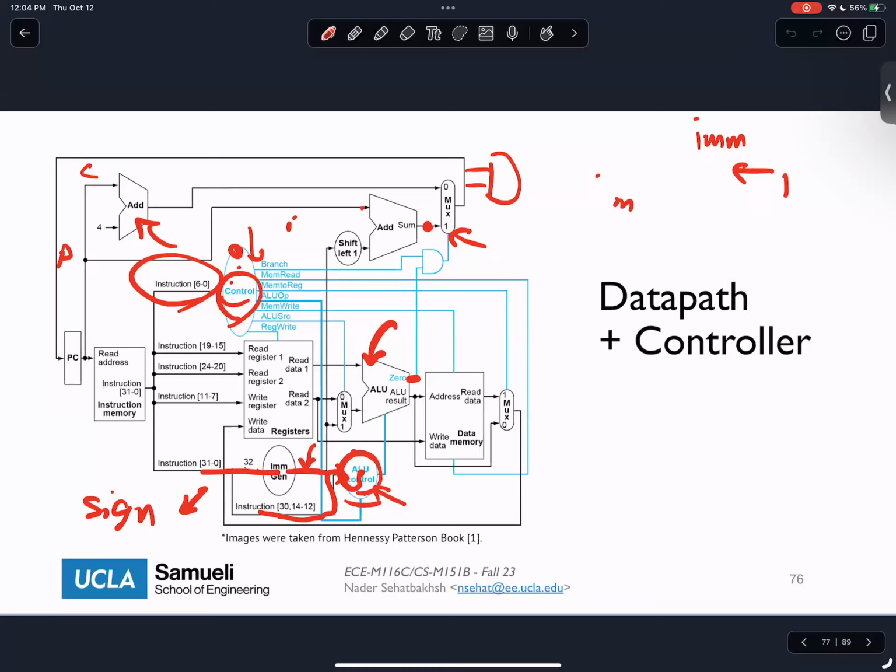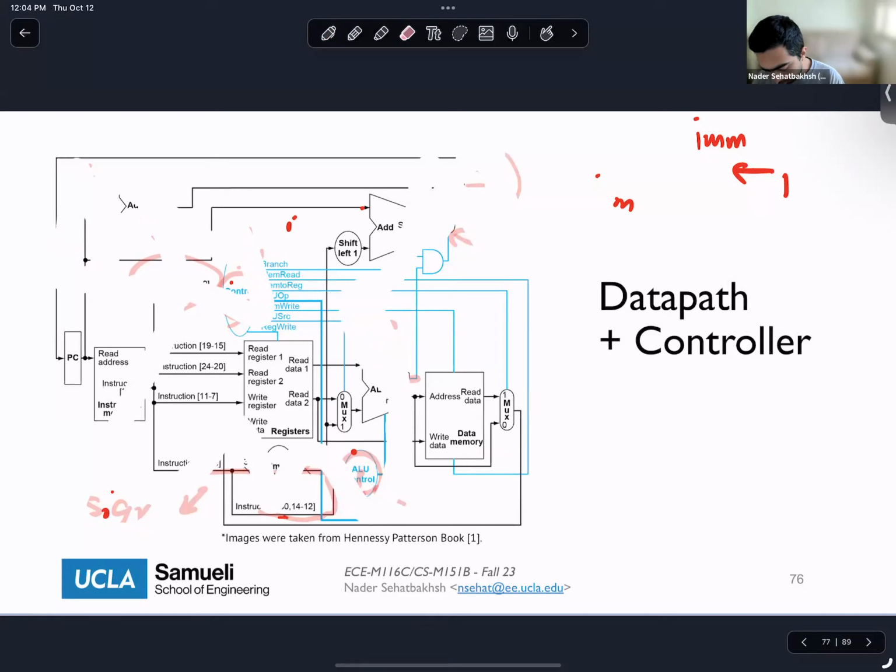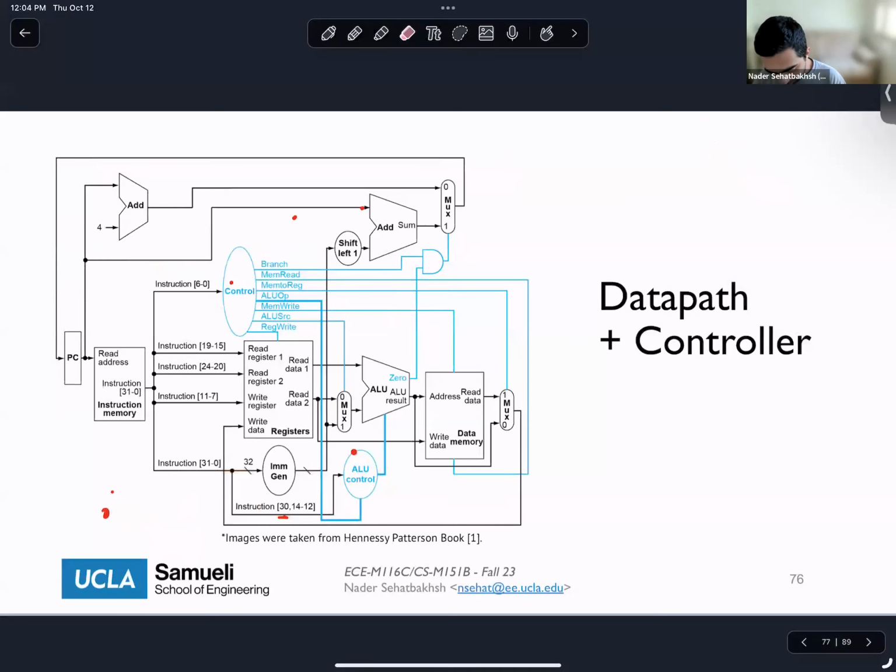Yes. Cool. All right. So last time we talked about designing this, right? We talked about various different things here, the blue parts and the black parts, and we went over all of it. I told you that the rationale behind designing this is having a data path part and a controller part, with the controller orchestrating the movement of the data.